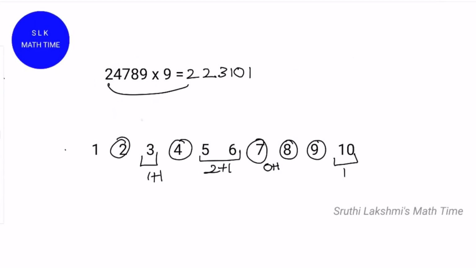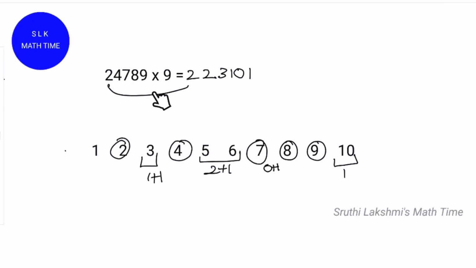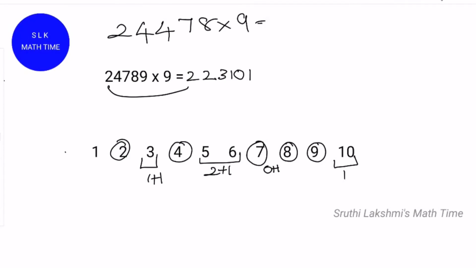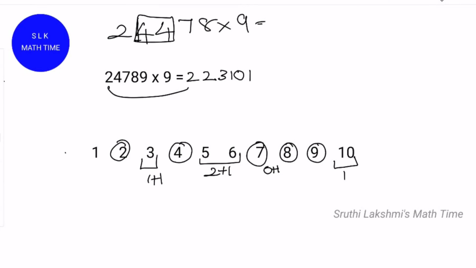So it only works for digits from least to greatest. Also, it won't work if two of the digits are the same. For example, if you're multiplying 24478 by 9, it won't work because these two digits are the same number.